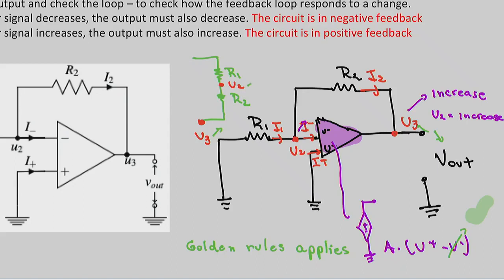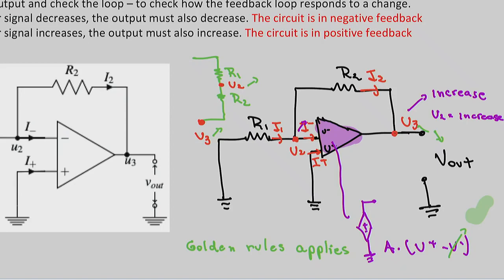Increases, right? And now if U2 increases, that means we have to think about the amplifier. So everybody understood why U2 increases? Your question is why U2 increases.